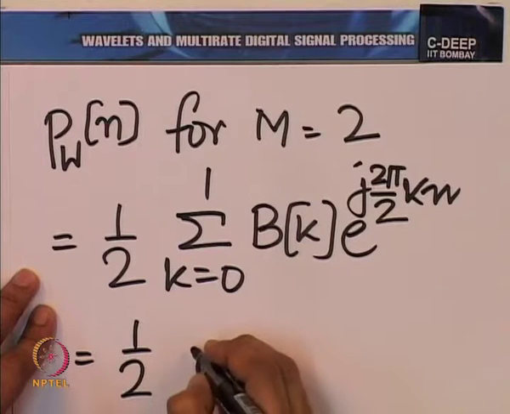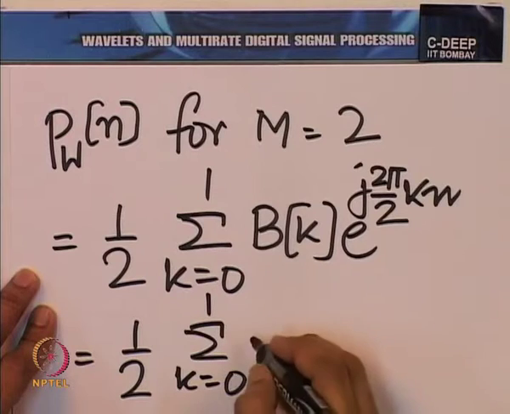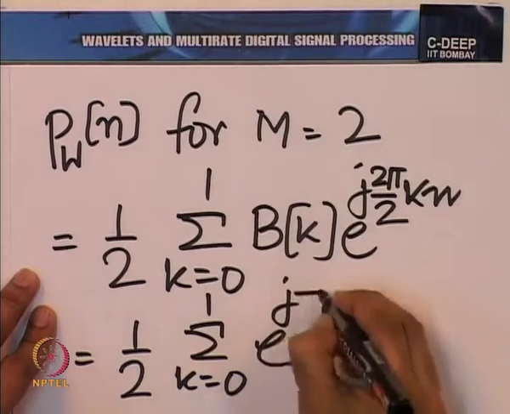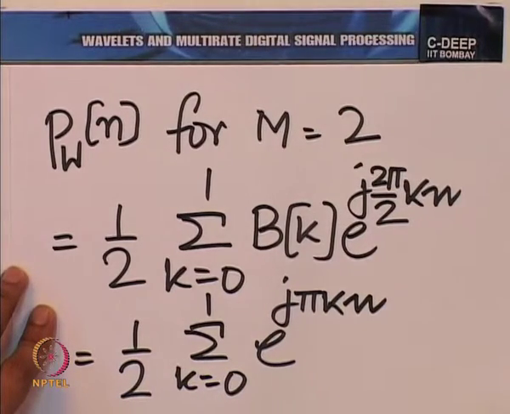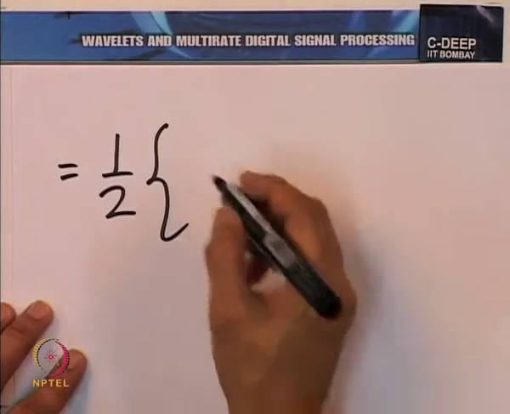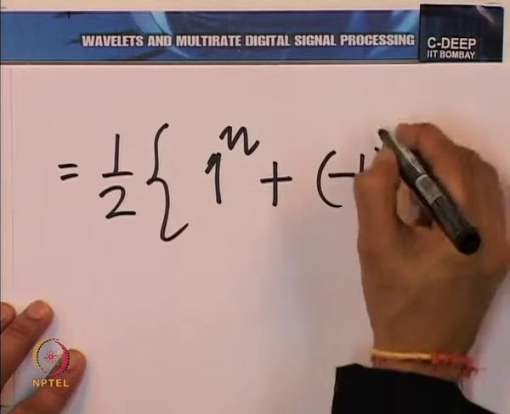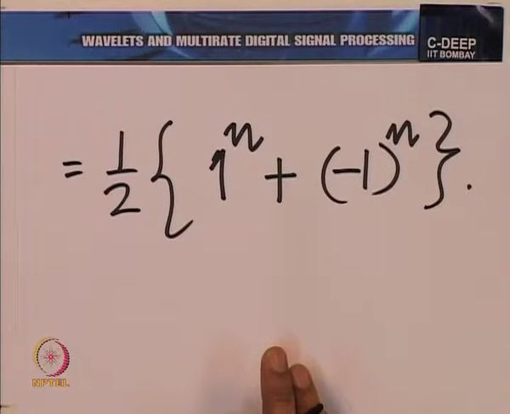That is half summation k going from 0 to 1 of e raised to the power j pi k n. So, in fact, let us expand it explicitly. That is half, with k equal to 0, it is 1 raised to the power of n, plus minus 1 raised to the power of n. And now, we are well set. In fact, we are almost there.